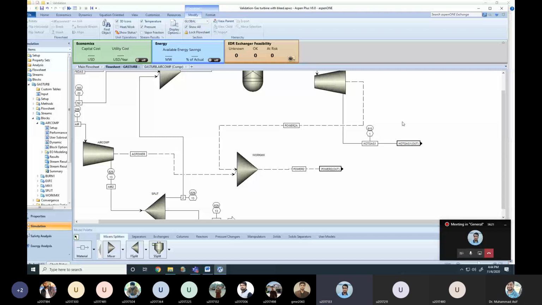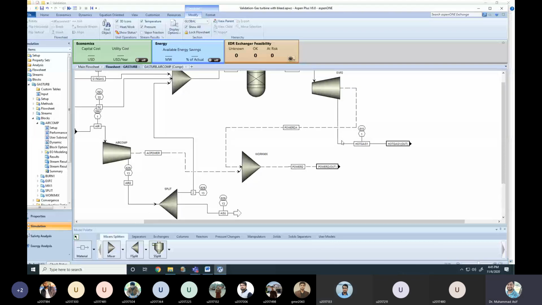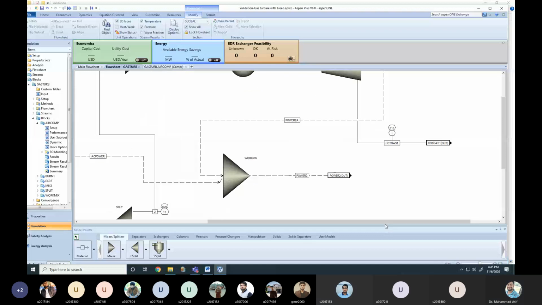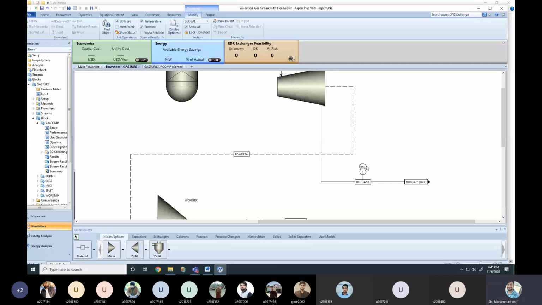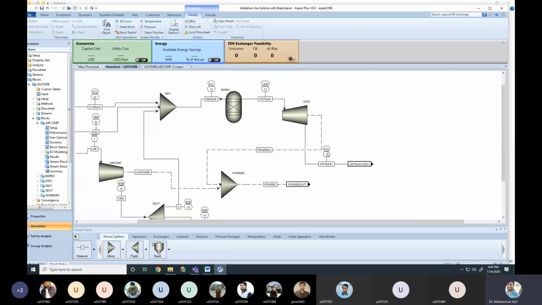Can't you see it at the outlet of the gas turbine? It's 815. Can you see now? It's visible, it's very clear. So the outlet temperature is 815 degrees C.